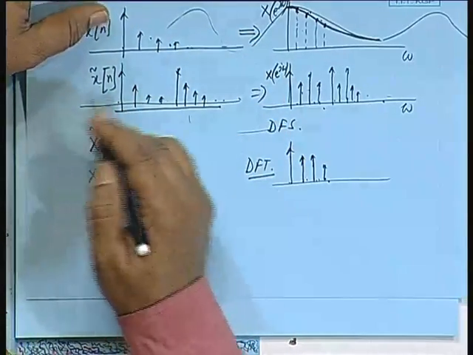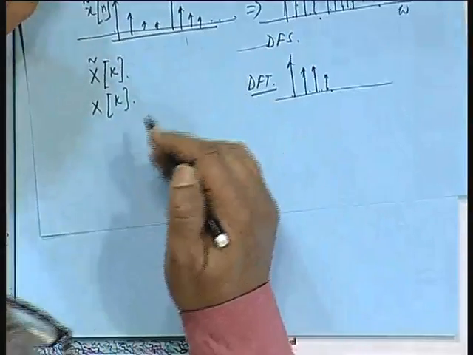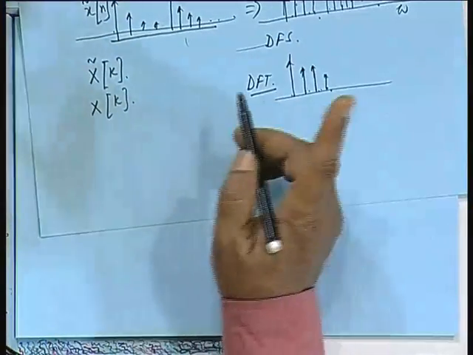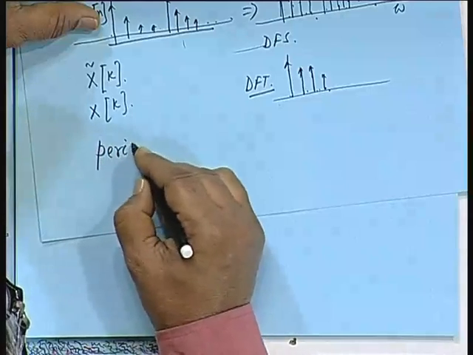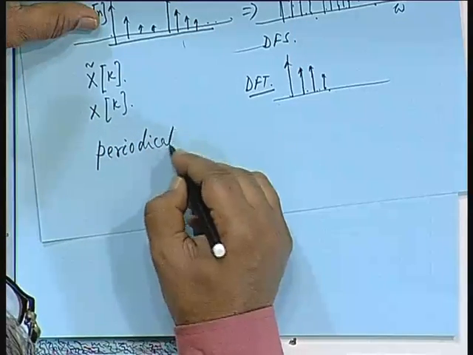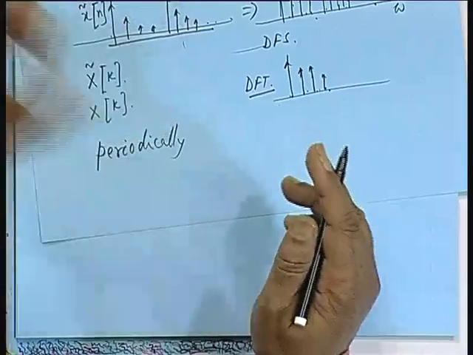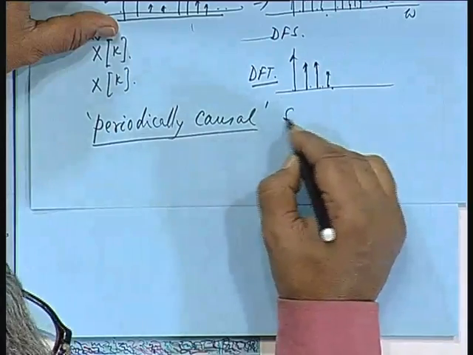It is a pseudo causal sequence or periodically causal sequence, which is a misnomer. A causal sequence cannot be periodic. Periodic means it exists also in the negative region of time, whereas a causal sequence will always be in the positive region of time. So, we are calling it periodically causal or pseudo causal sequence. Okay.